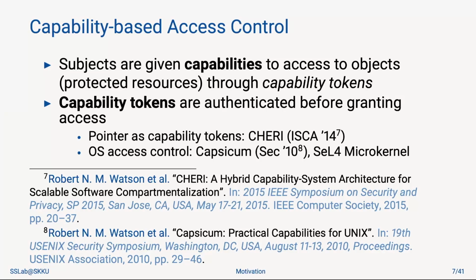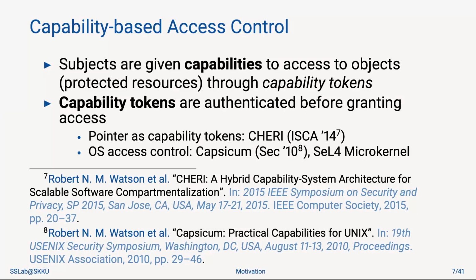Now let's go over capability-based access control, one of the main security principles behind CAPACITY. Capability-based access control gives subjects capabilities or capability tokens to access certain protected resources. Capability tokens are authenticated right before granting access to the resource.